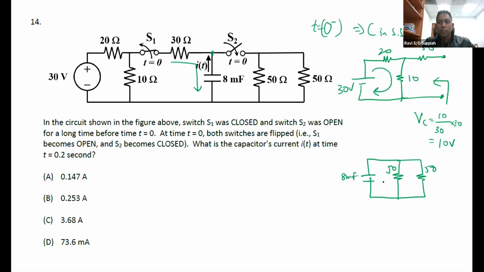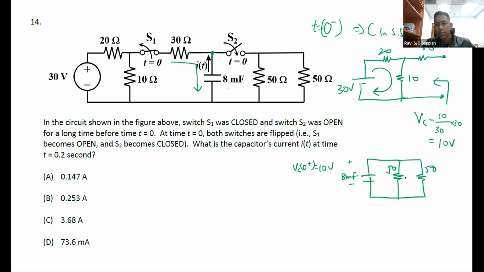The voltage across the capacitor will still initially be 10 volts, correct? Because Vc(0+) will be the same as Vc(0-). So initially, Vc(0+) will still be 10 volts. And then the capacitor will start to discharge through these two resistors here.